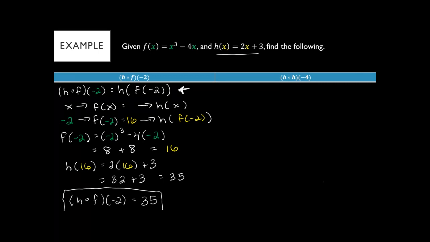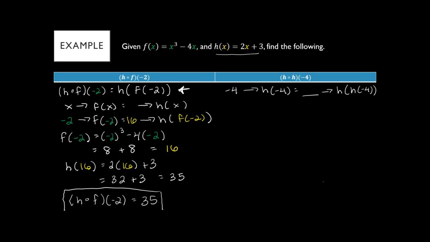Okay, so the problem on the right is H compose H of -4. What this means is that we have -4. We're going to put this into H and get an answer, and then we're going to take that answer and put it in H again.